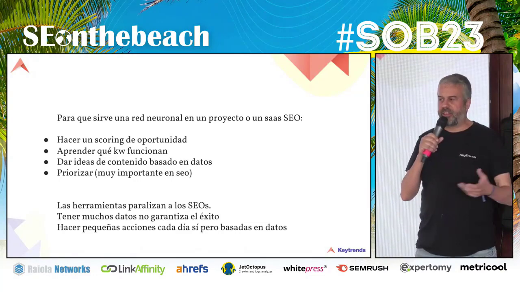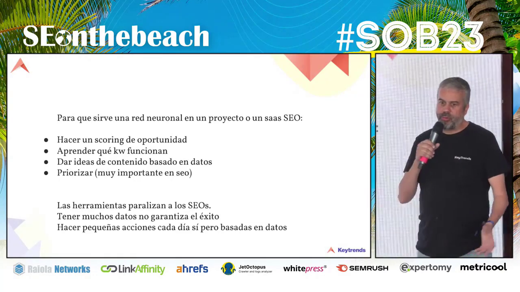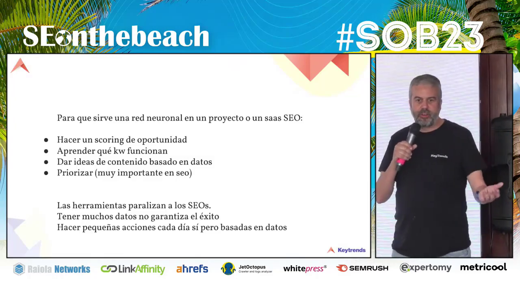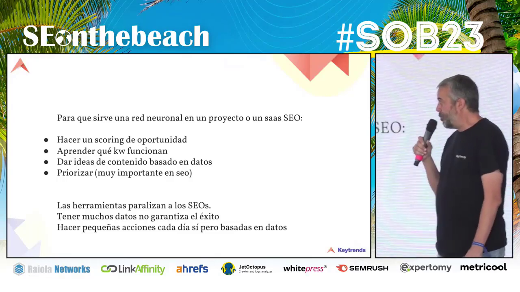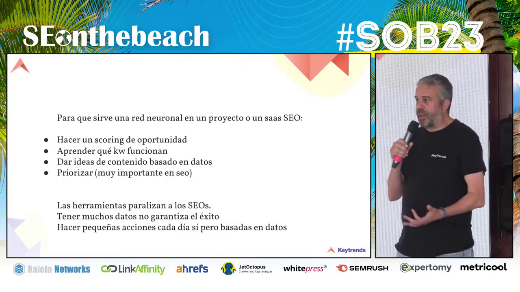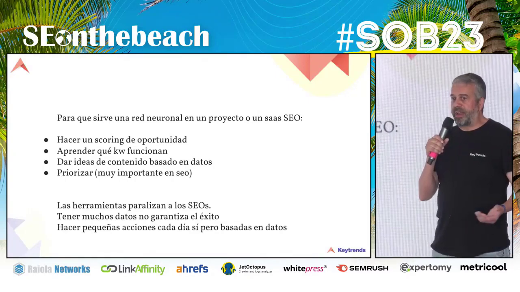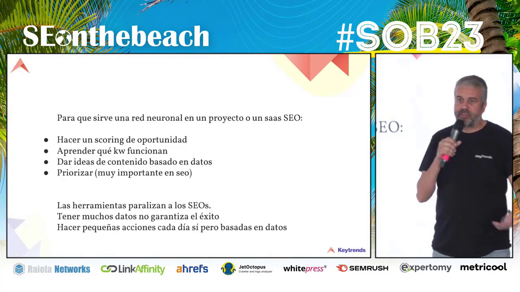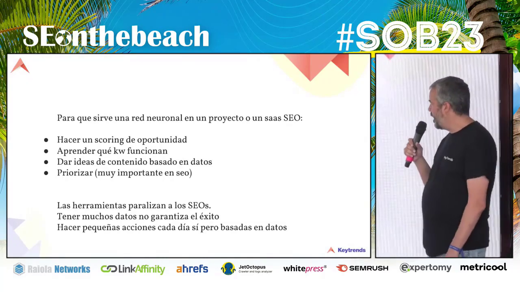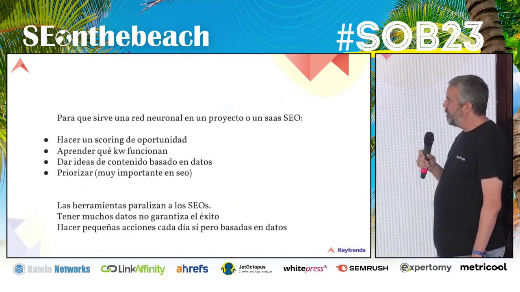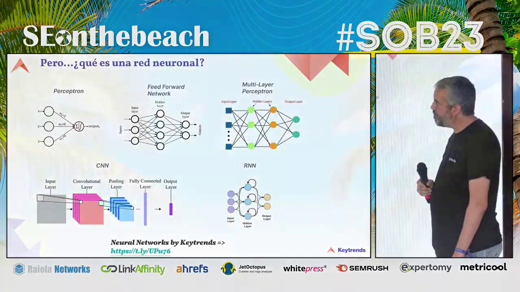We are having problems because giving it success so it learns is quite complicated. We have some scoring algorithms, which is what is usually done, and we're going towards this. The important thing is to know where the priority is, because when we're working with a lot of data, we don't know where priorities are. We spend too much time analyzing, but we really need to create small actions that actually create progress. Manu will tell us how this works.